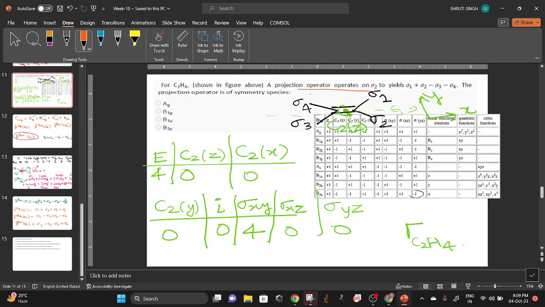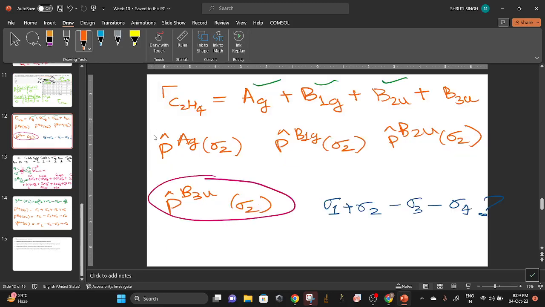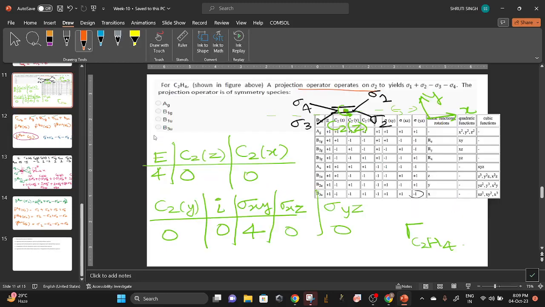Since it is symmetric, all are the same orbital, so you will get the same answer with sigma 1, sigma 4, and sigma 3 also. You might have remembered this in class, I think.